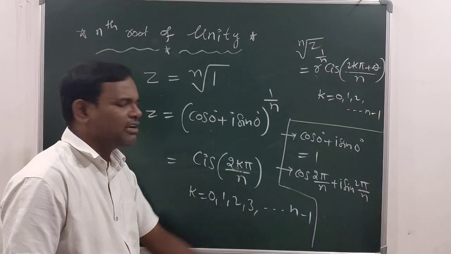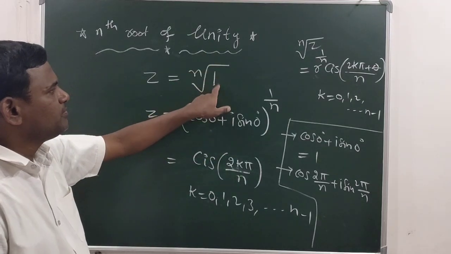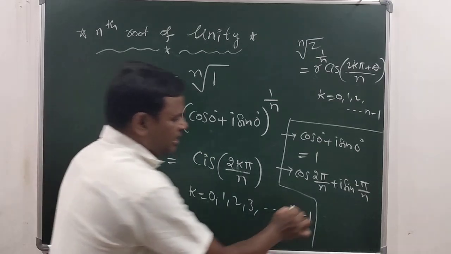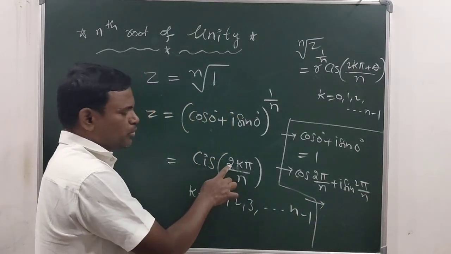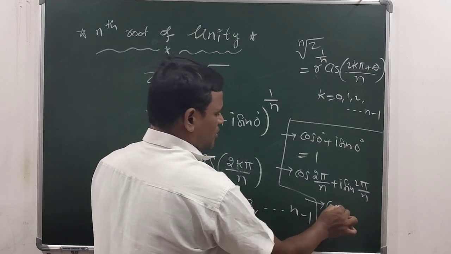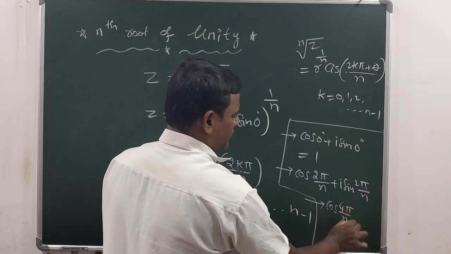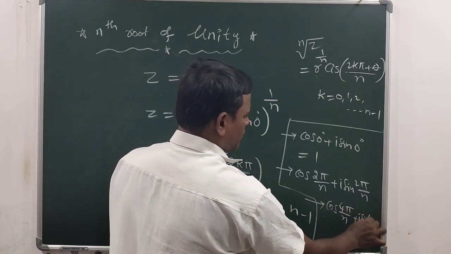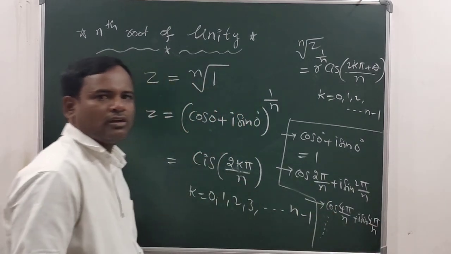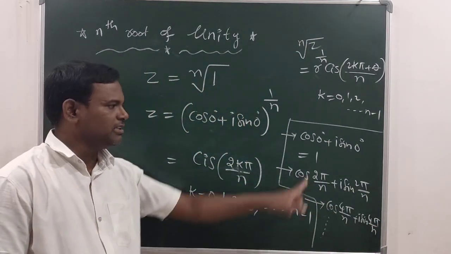And so on, you will get n roots for this unity. So let us see, shall I write one more? If I write k equal to 2 here, 2 2s are 4, cos 4 pi by n plus i sin 4 pi by n, and so on. You will get n roots like this.